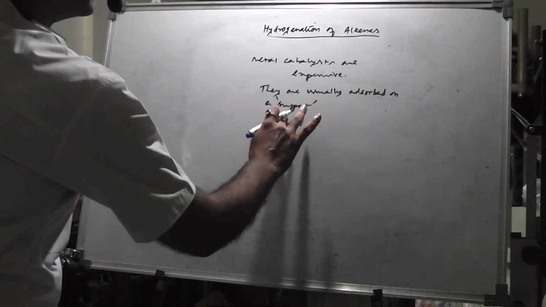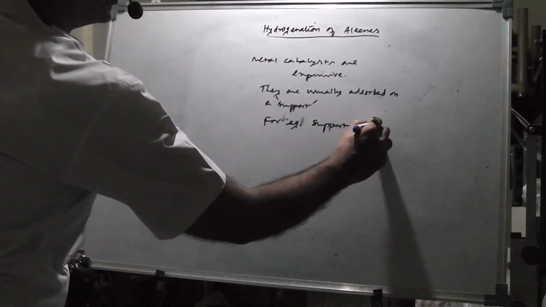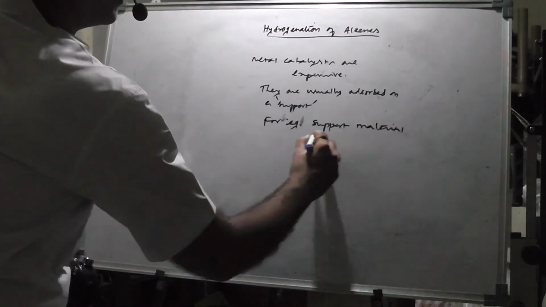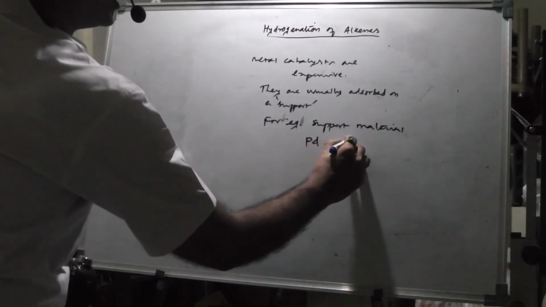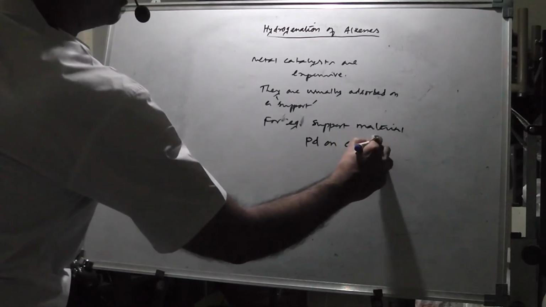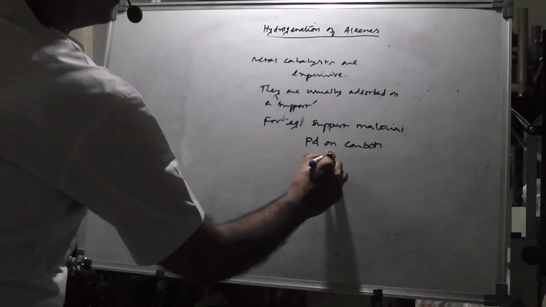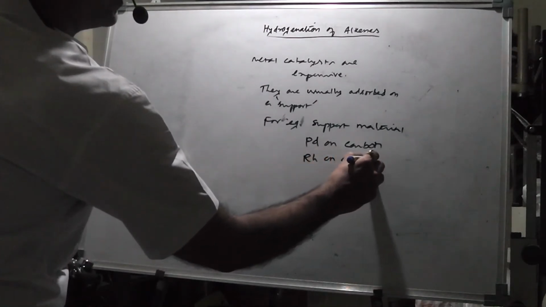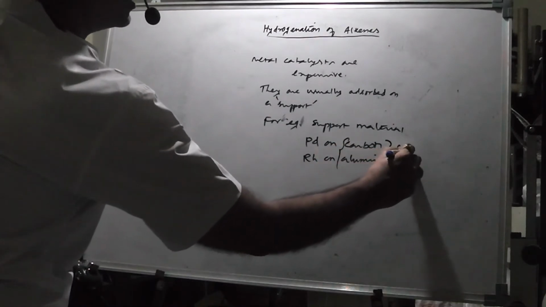For example, palladium on carbon as support, or rhodium on alumina. So these are support materials.